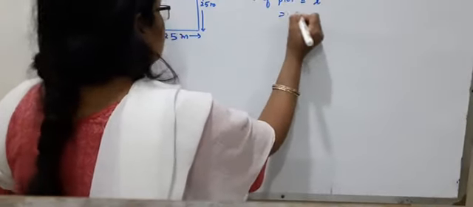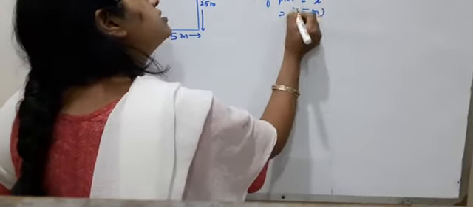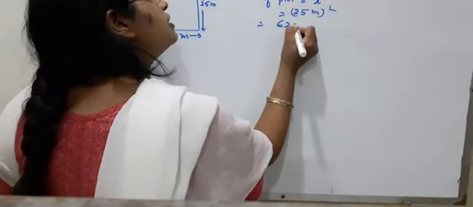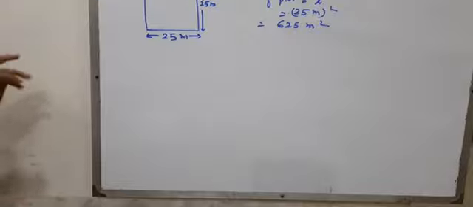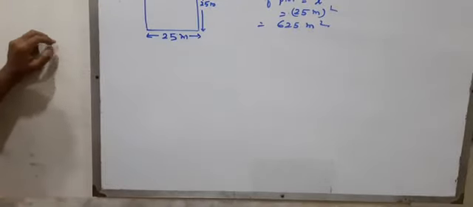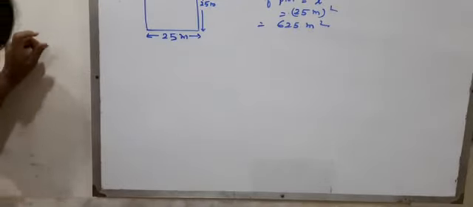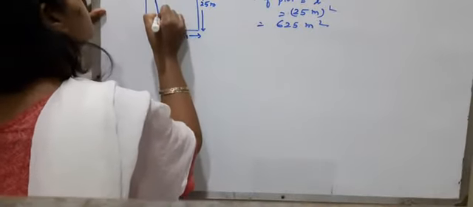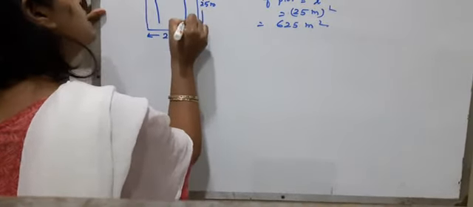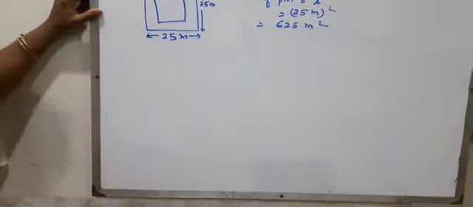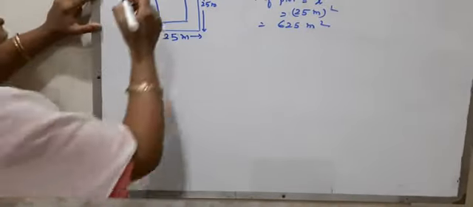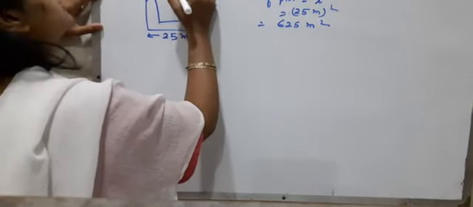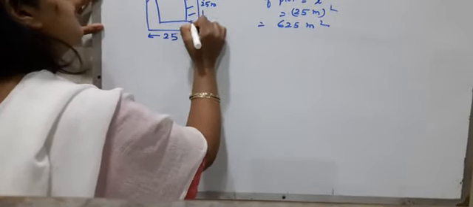L square is 25 meter square, which is 625 meter square. She wants to construct a house in the middle of the plot, and a garden is developed around the house. This is the area of garden.